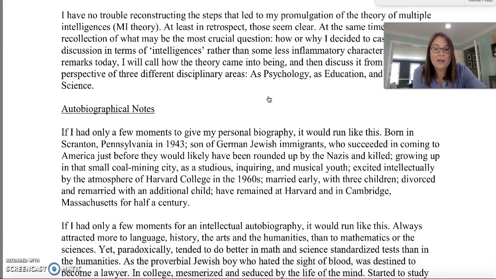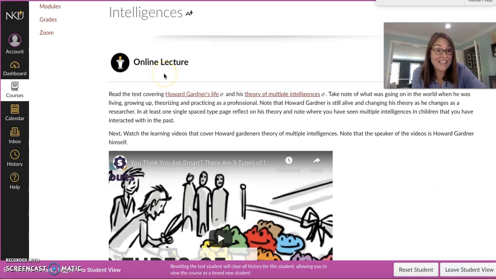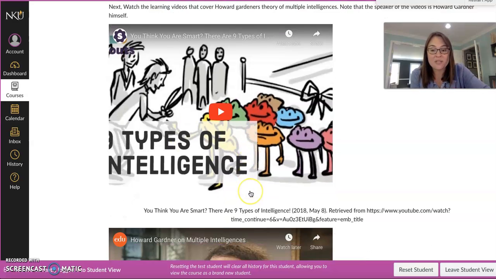And again, because he is not dead, he can speak for himself. So we can see here a really quick recap of what the 9 types of intelligences are. Because he is continuing to evolve his theory, some people believe that there are more than 9. He is working on more than 9, but you can look further into that.